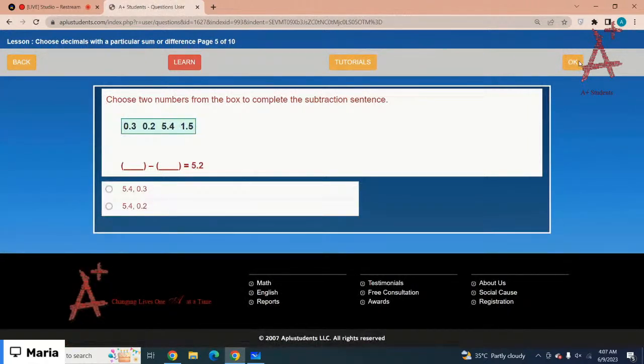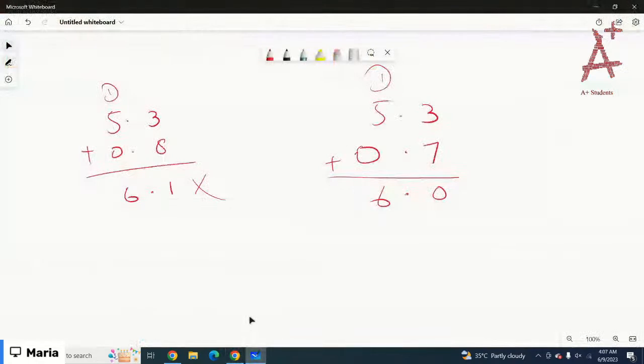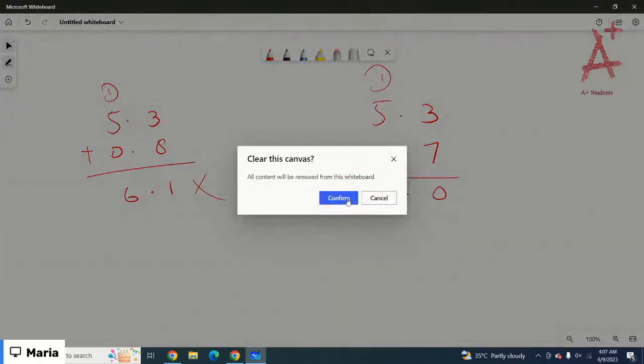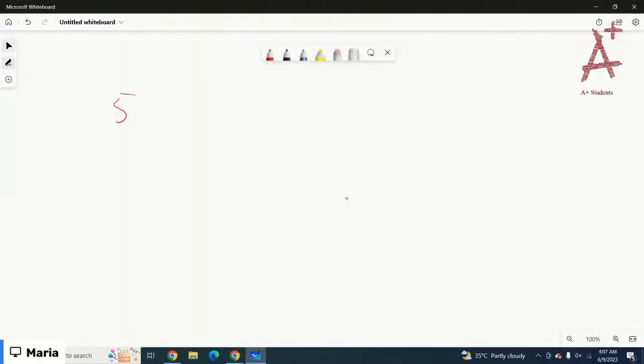The next one is choose two numbers from the box to complete the subtraction sentence. You have to select two numbers whose difference is 5.2. Let's just look at option 1, 5.4 take away 0.3.